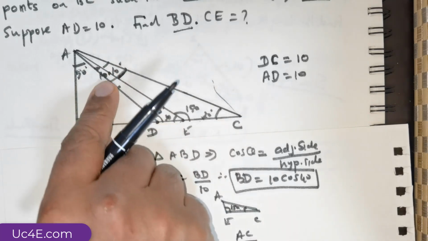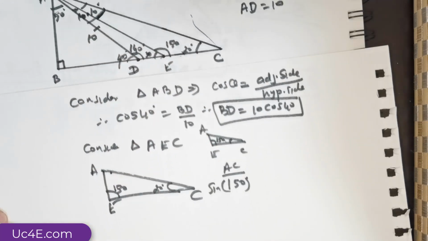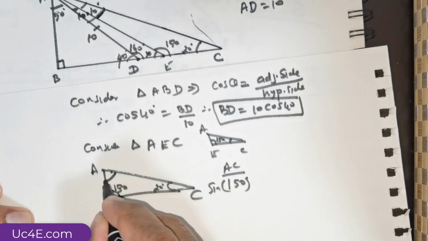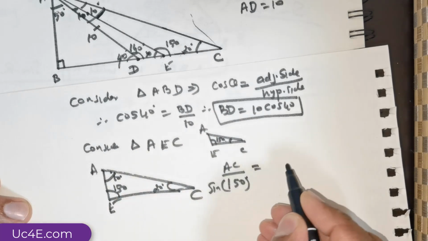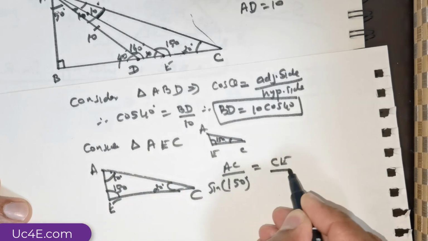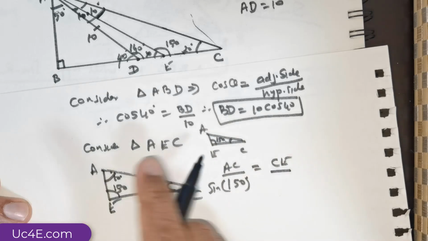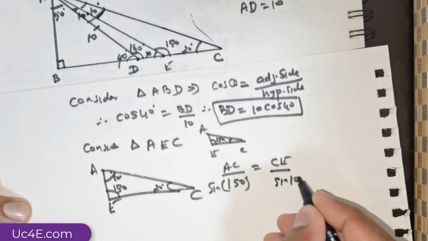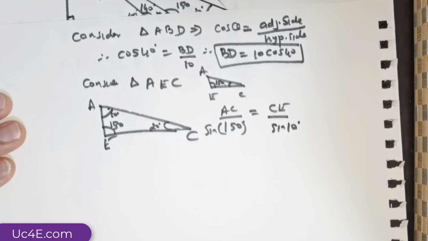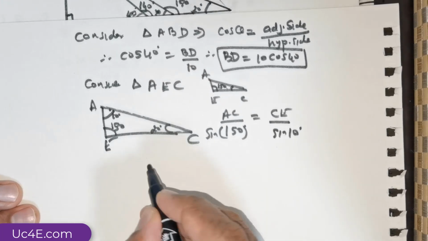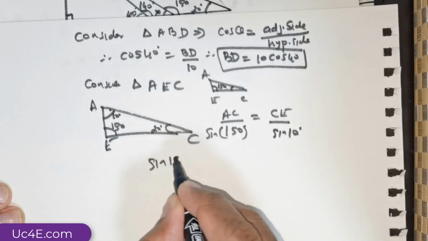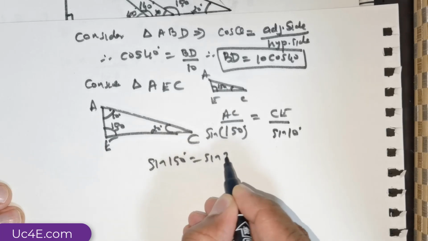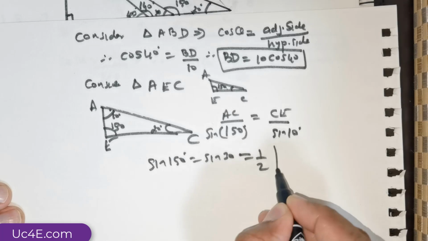And that's going to be CE, so I'm taking this as 10. So this is equal to CE divided by sine of 10 degrees. Now what is sine 150? Sine 150 is nothing but sine 30, which is nothing but 1/2.